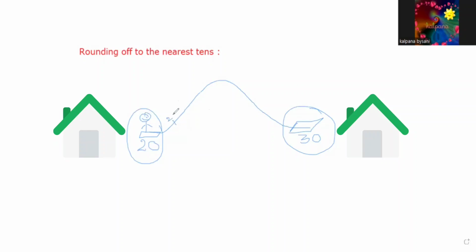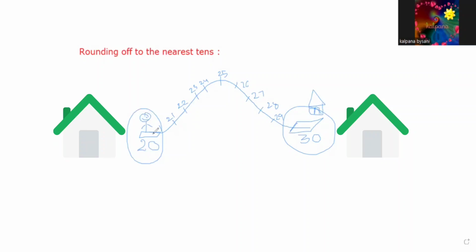Now, this is the point 21, 22, 23, 24, and on the top 25. Next, here 26, here 27, here 28, here 29, and this is the destination point, and it is 30.